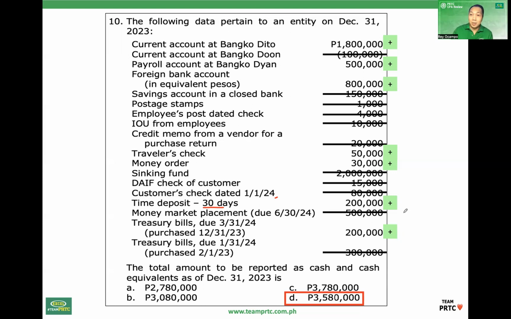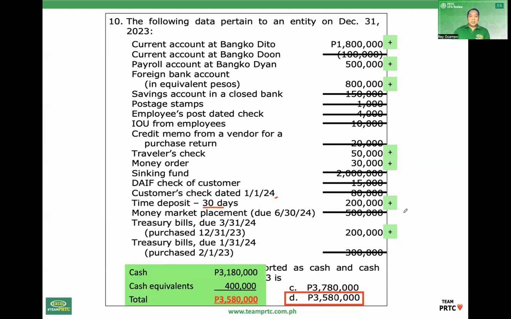So the note shows the composition: cash, cash equivalents, total. So if the question asks only for cash, don't include the cash equivalents. Check carefully what the requirement is: cash only, or the line item cash and cash equivalents. Again, number 10, delta.